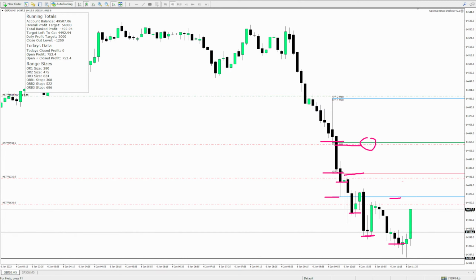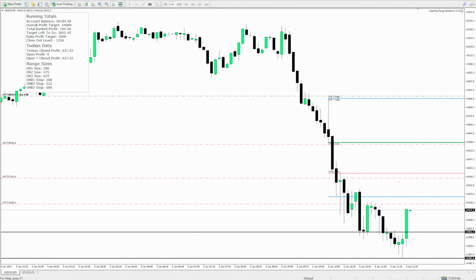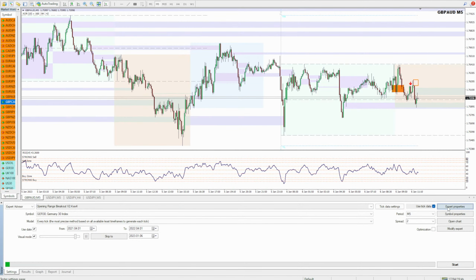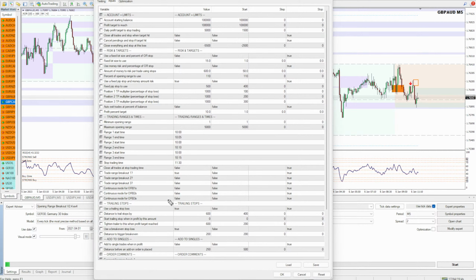Your trailing stops will kick in dependent on what you've set for your trailing stops, and these all trail per trade. This is not a basket strategy. This is individual trades.